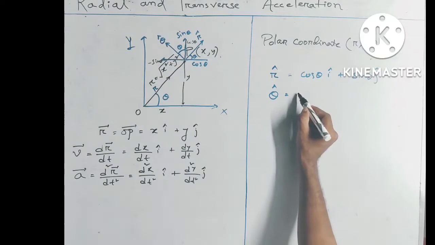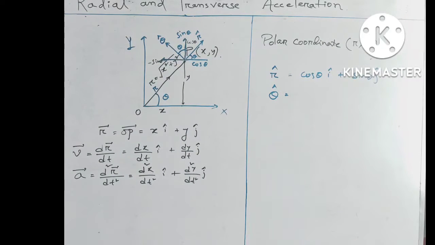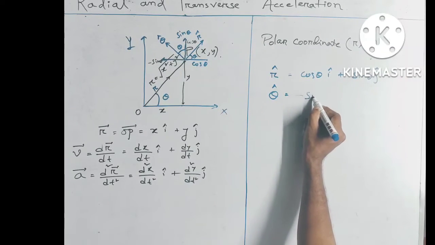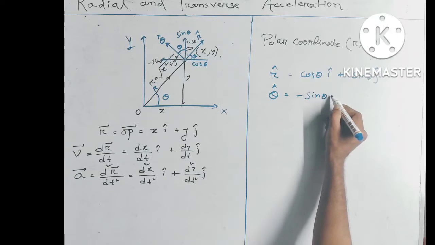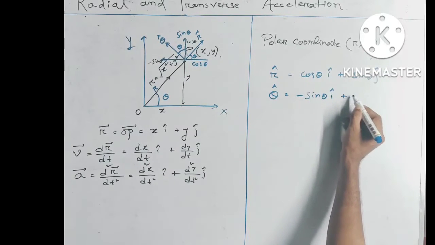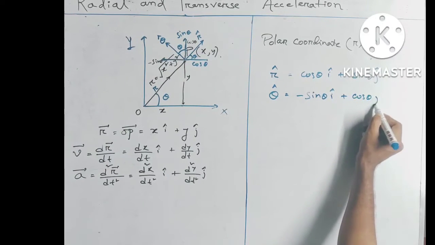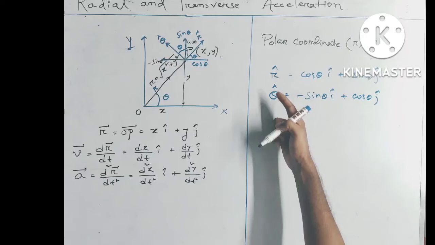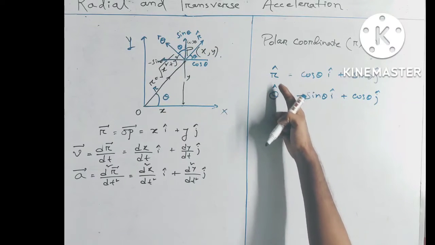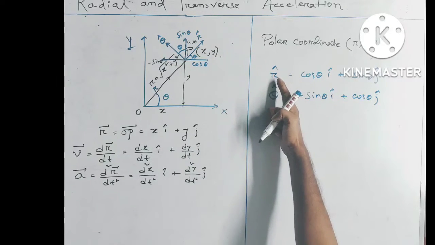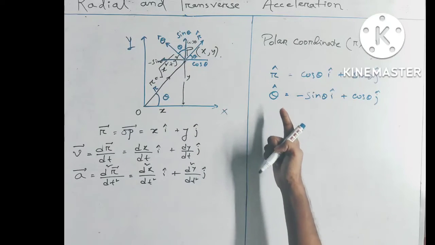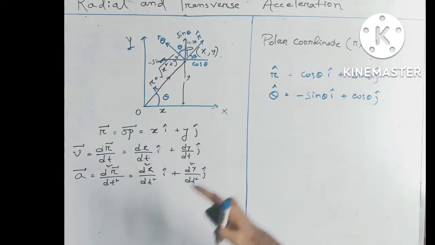So you can write theta cap equal to minus sin theta i cap plus cos theta j cap. So this is a very important formula, r cap and theta cap. r cap is the unit vector along the radial direction and theta cap is the unit vector along theta.